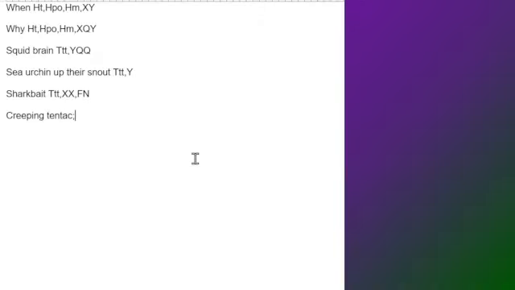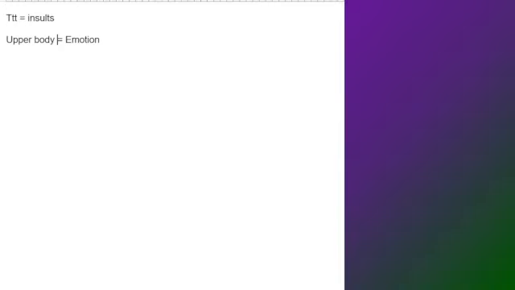Next insult is creeping tentacle. We are still using the insult scale, and for this we are just doing, I forgot my own notation for a moment, just short flash and talon wiggle.